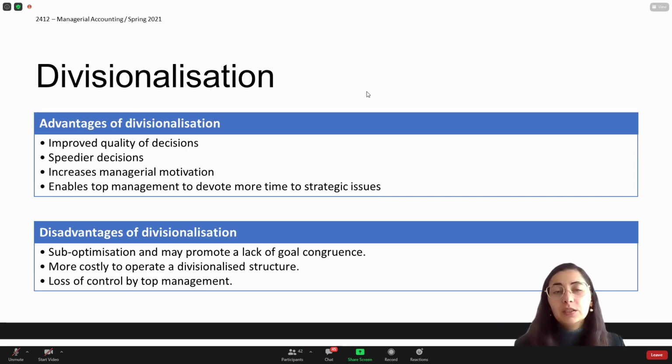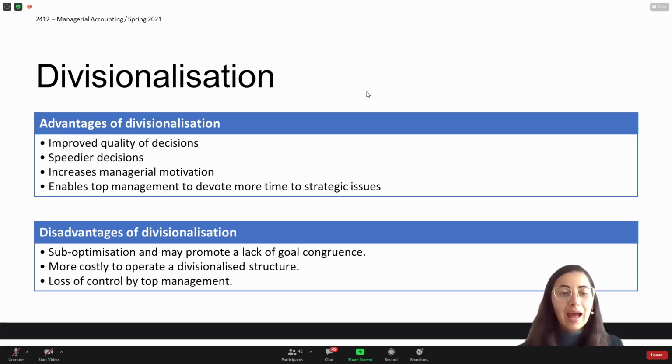It also increases the motivation of the manager because he's responsible for making the decisions. So this increases motivation and enables top management, the CEO of the organization, to devote more time to strategic issues. The disadvantages.